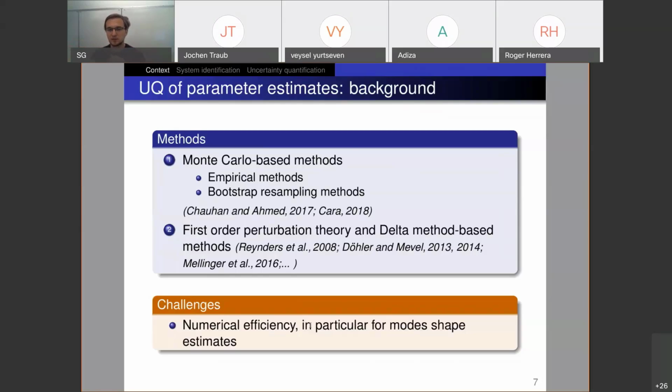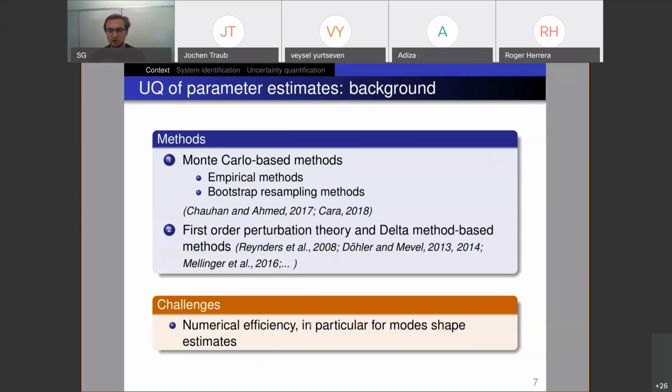Or some methods rely on resampling the data, estimating our model parameters from segments of data, and then computing the sampling distribution from the estimates that correspond to those segments.